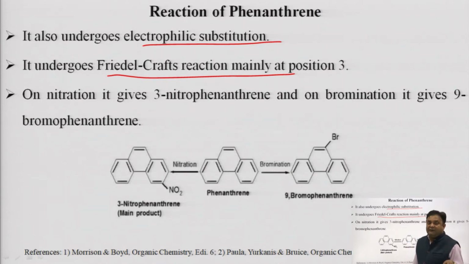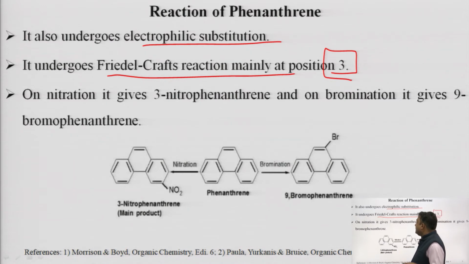Previously I told you that the 9 and 10 positions are the most active positions for electrophilic substitution in phenanthrene. But when phenanthrene undergoes Friedel-Crafts reaction, substitution will always take place at the third position. It should always be taken care of.